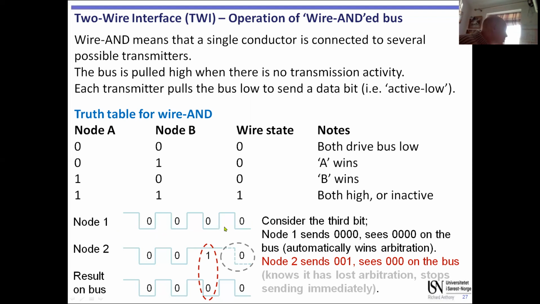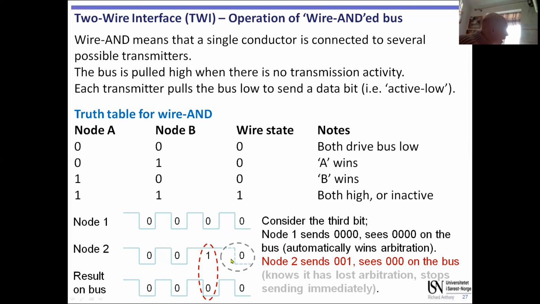These will always win over a 1. If this happens at the same time, this one will win. And therefore, on the bus, you will see this. And node 1 will see that it transmitted that pattern, and that pattern was on the bus. So node 1 is happy. But node 2 will see that it transmitted this value, and on the bus was this value. Right? It will see that the 1 was ignored.